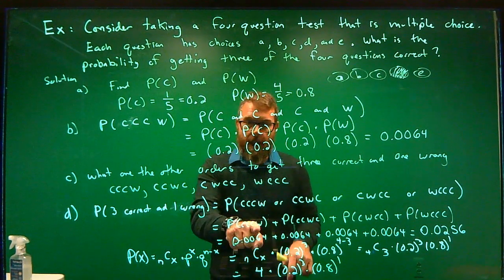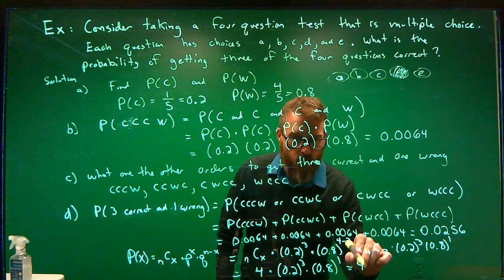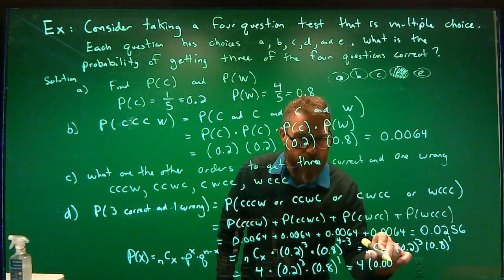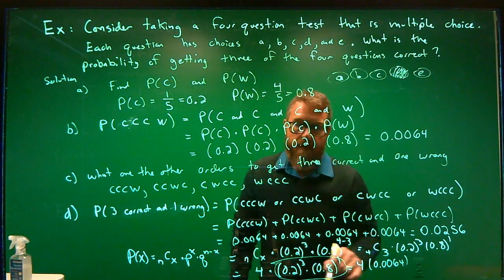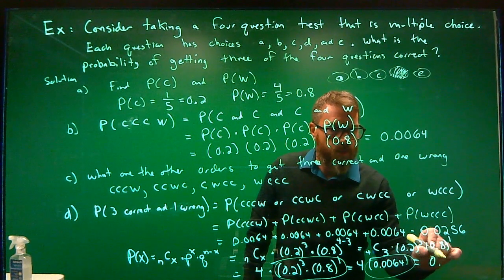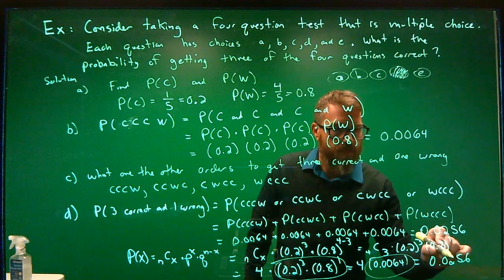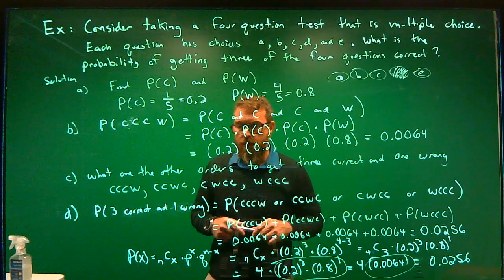So that's why I have 4 of these, right? This is 4 times that 0.0064. That's what this is going to give us. 0.0064 times 4 is going to be equal to 0.0256. So this is really where the binomial probability distribution formula comes from.